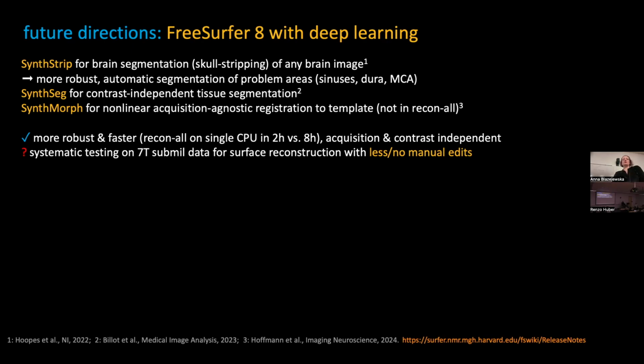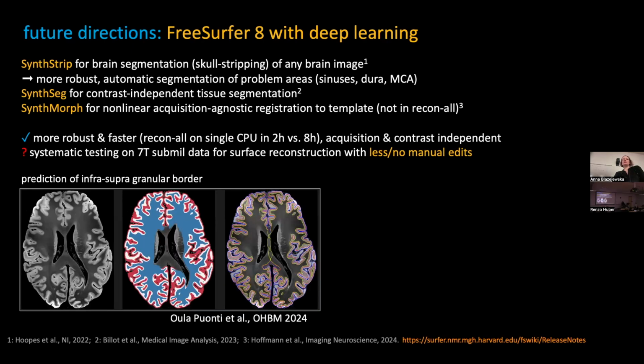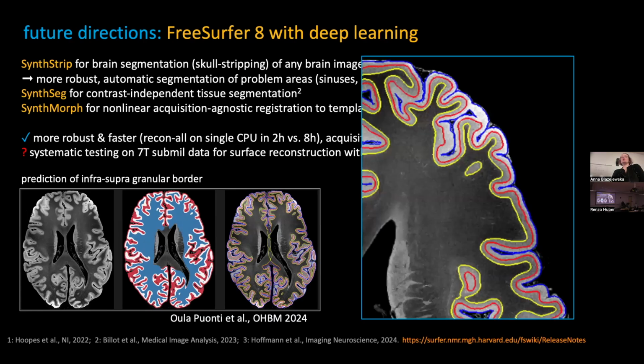And just to show you at the very end, this is a completely different topic, or well, not completely, but these are results that I just got from Ola. This was presented at HPM last year. And this is the ex vivo based work on automatic prediction of the infra-supragranular border, as you can see here in the zoomed in version.